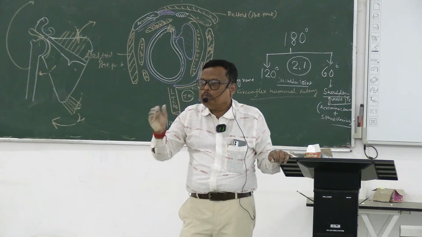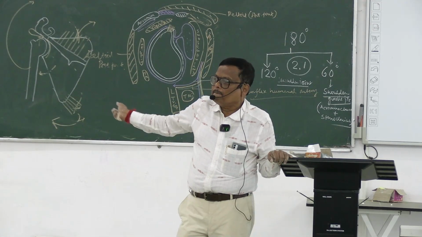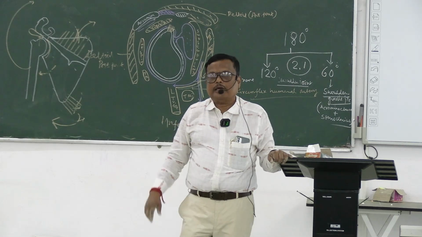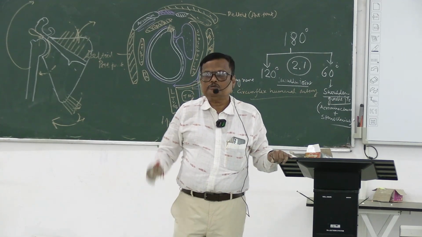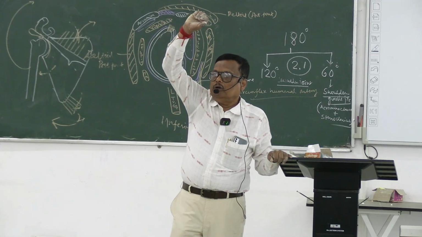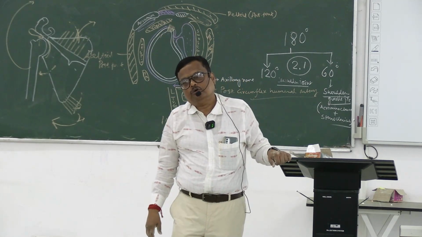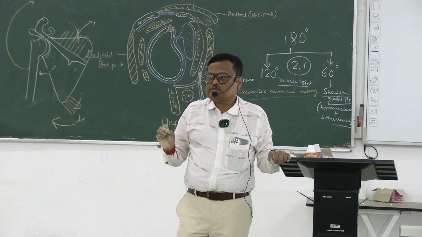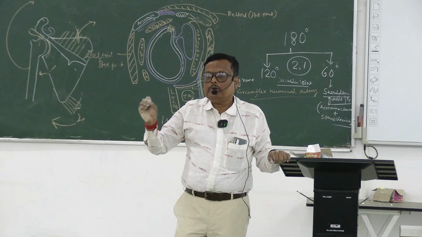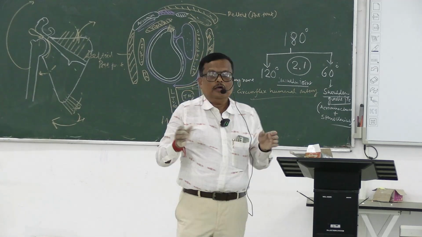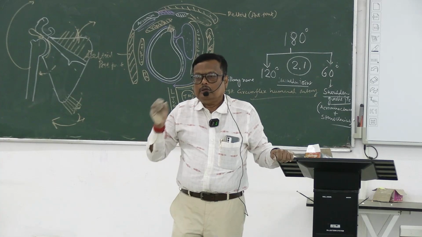Then subacromial bursa acts as a secondary socket, and by the rotation of the scapula, by the serratus anterior and trapezius muscle, the rest 60 degree occurs, that's our total 180 degree abduction. And in this process, both the shoulder joint and shoulder girdle joints come into action in a 2:1 ratio.